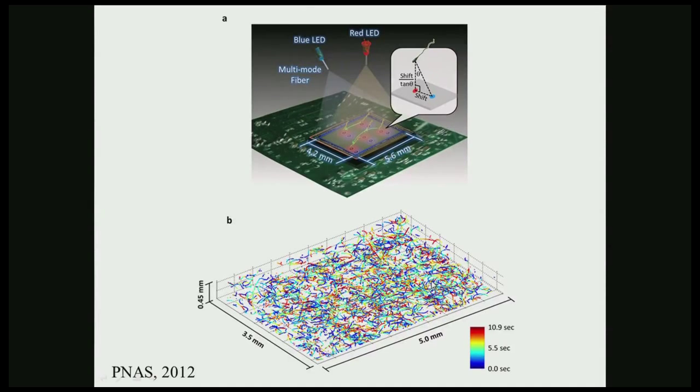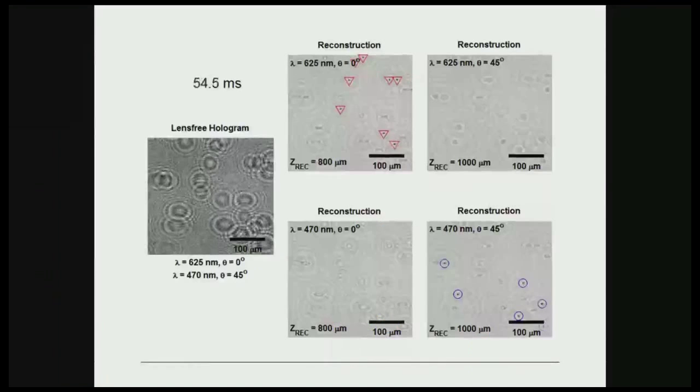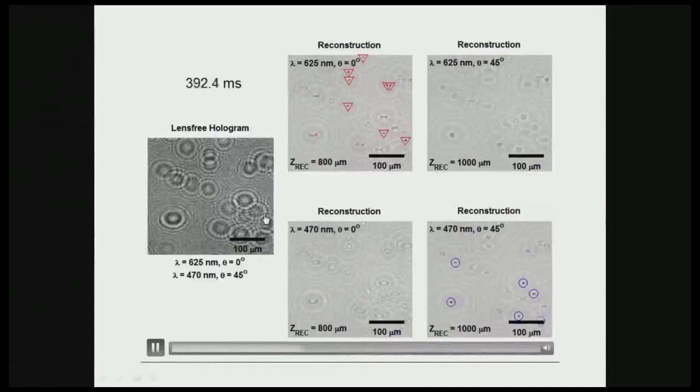For doing this, we're still relying on lens-free imaging, but in a different configuration. We have two different LEDs that are on at the same time at different colors and different angles. So every time you create a hologram, you actually have two holograms per sperm head. If you look at the raw data, this is how it looks.